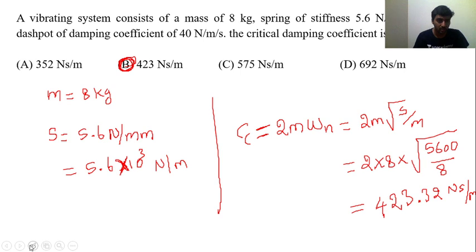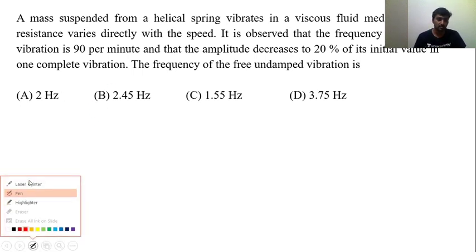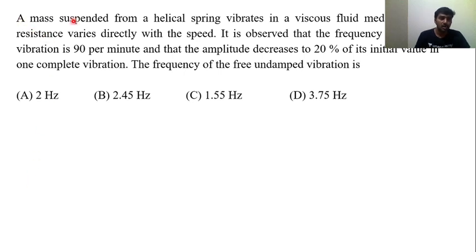Next we are moving on to the next question. A mass suspended from a helical spring vibrates in a viscous fluid medium whose resistance varies directly with speed. It is observed that the frequency of damped vibration is 90 per minute.